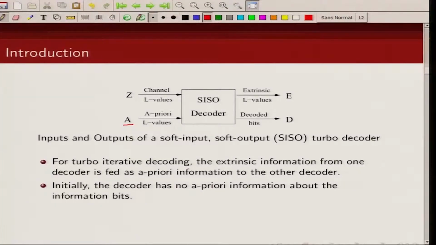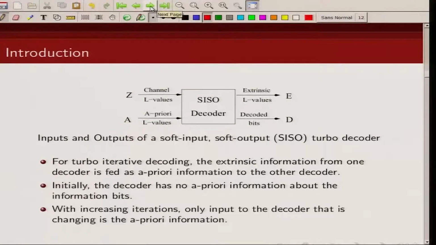So if we can track with iteration how our extrinsic information is growing with this a priori information, that will give us some clue about the performance of turbo code at waterfall region. So as I said, initially we do not have any a priori value, but subsequently after one half iteration extrinsic informations are generated, and that is passed on as a priori value to this soft in soft output decoder.